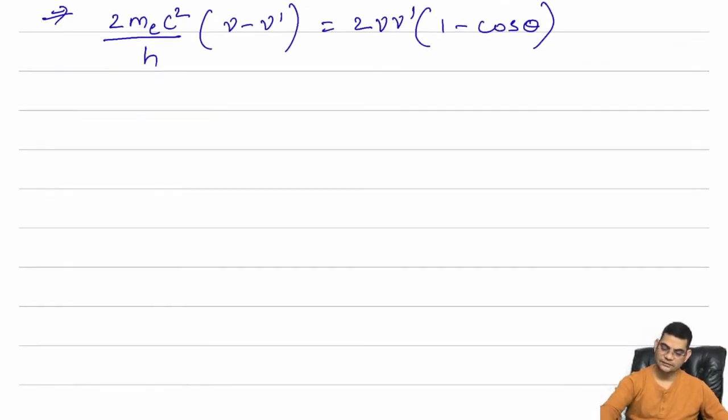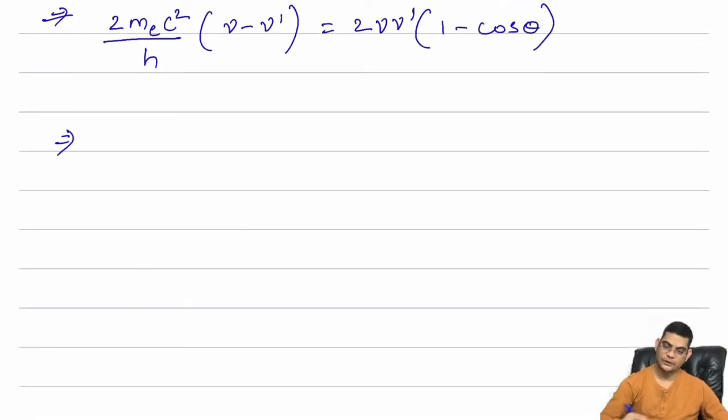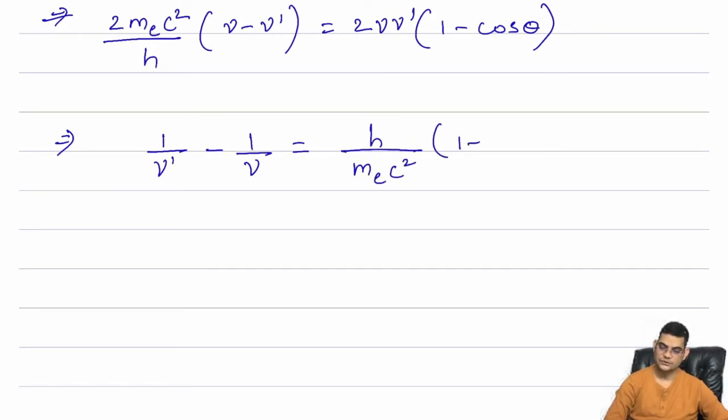After simplifying, we can write it as 1 by nu dash minus 1 by nu is equal to h by me c square times 1 minus cos theta.